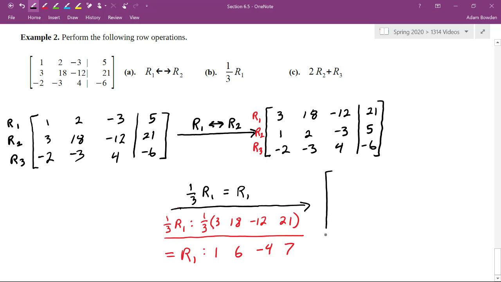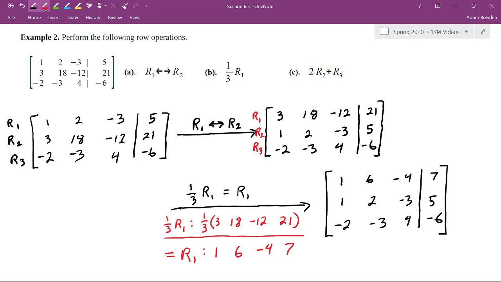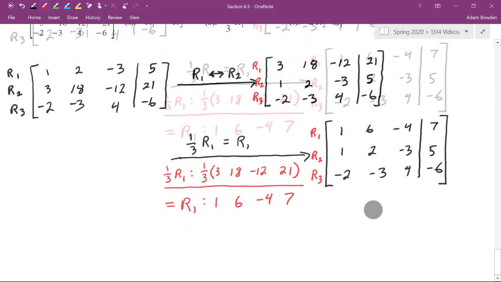So when I write out the matrix again, those are going to be the numbers that I put in row 1, and all the other rows are still the same. And so this is now our new row 1, and row 2, and our row 3.